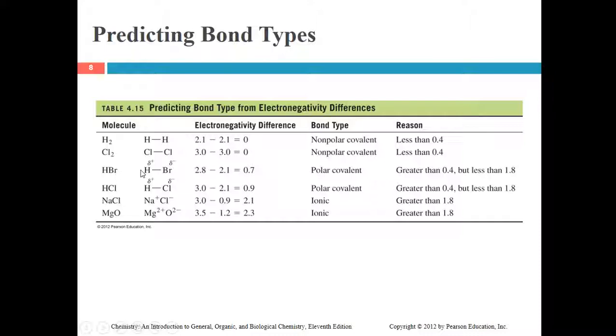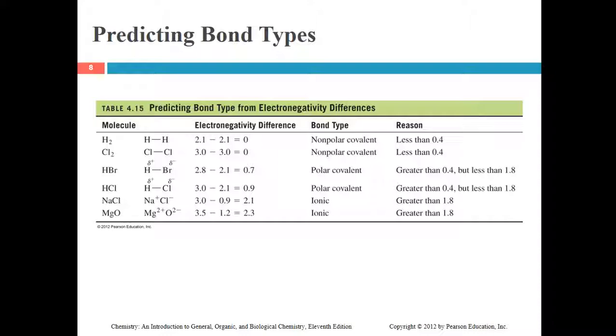Well, HBr, we have hydrogen. Yes, it is over on the metal side, but they quite often put the hydrogen more in the middle, and hydrogen is a non-metal. It's a gas, so you look at that difference, and it's 0.7, which goes to verify that it is covalent, but it is polar because it is 0.5 or greater.